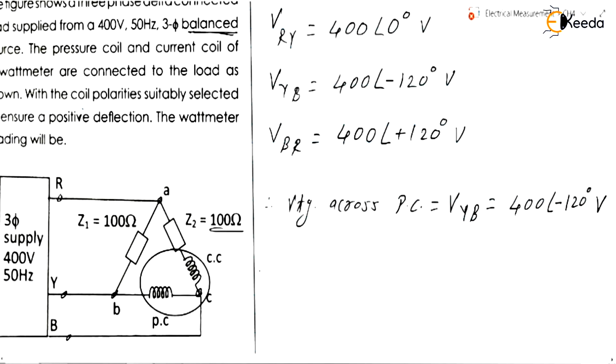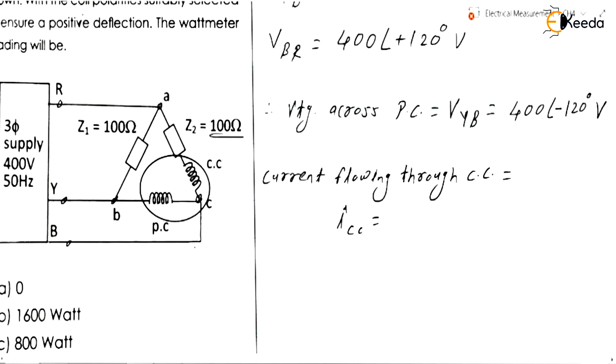So we can write the current flowing through the current coil, ICC, is equal to what? The voltage VRB, or VBR you can write, divided by Z2 first.